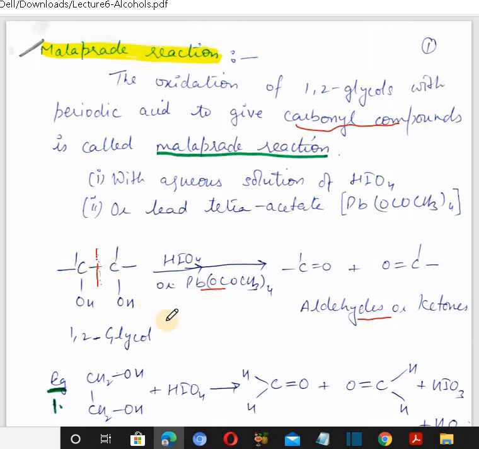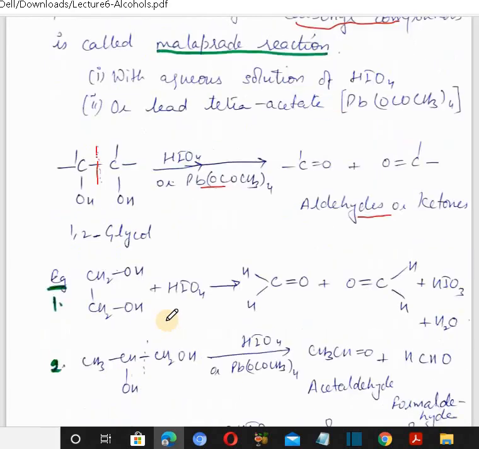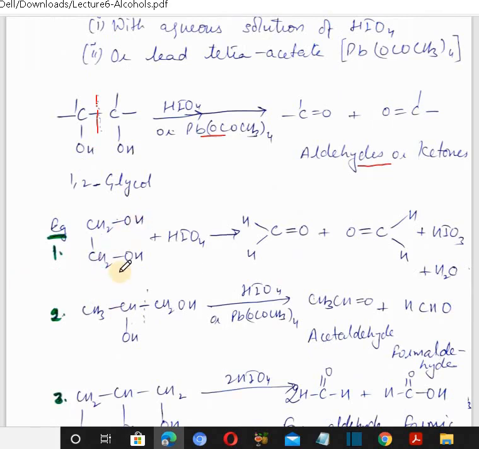So if we take up examples, first is CH2OH, that is glycol, with periodic acid gives, now this bond breaks, so we get carbonyl compounds of one carbon this and one carbon this, that is two molecules of formaldehyde, one is this and second is this.